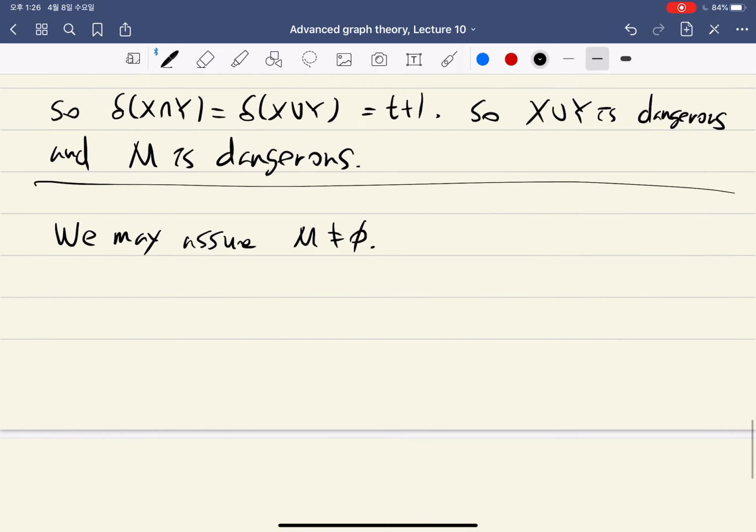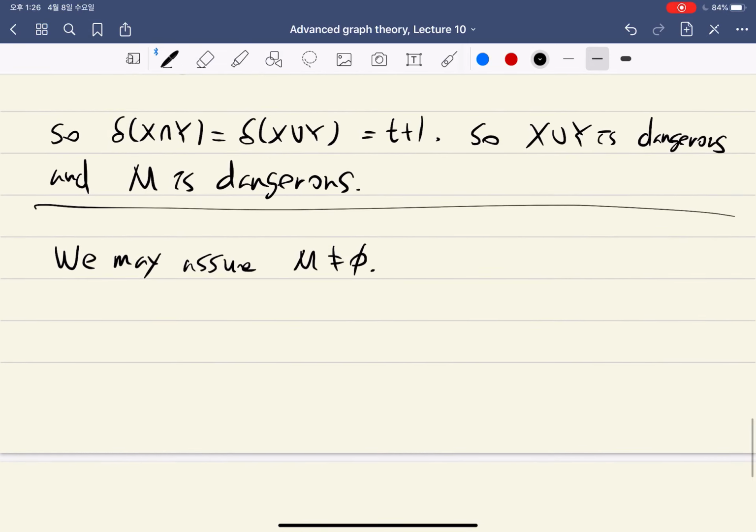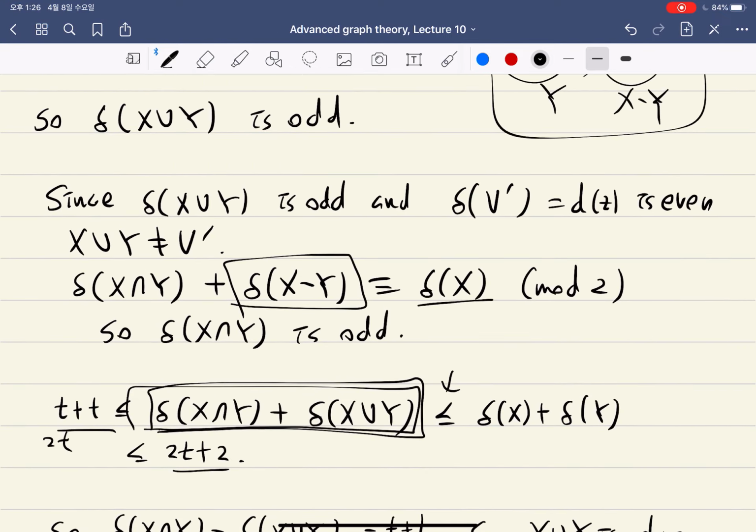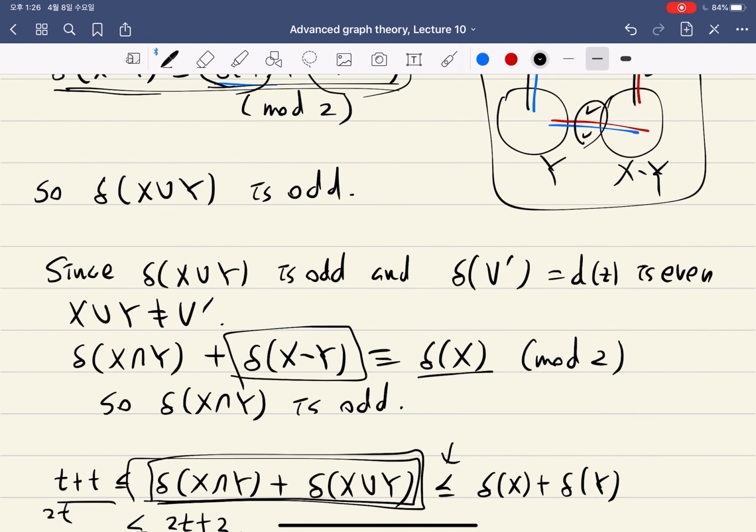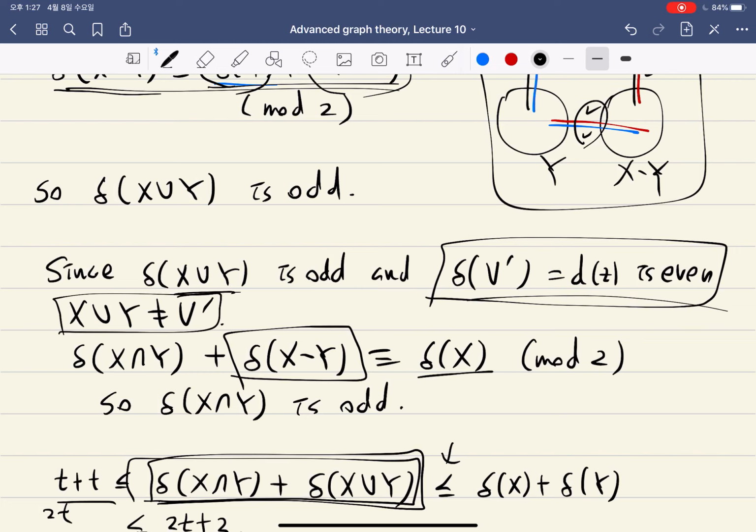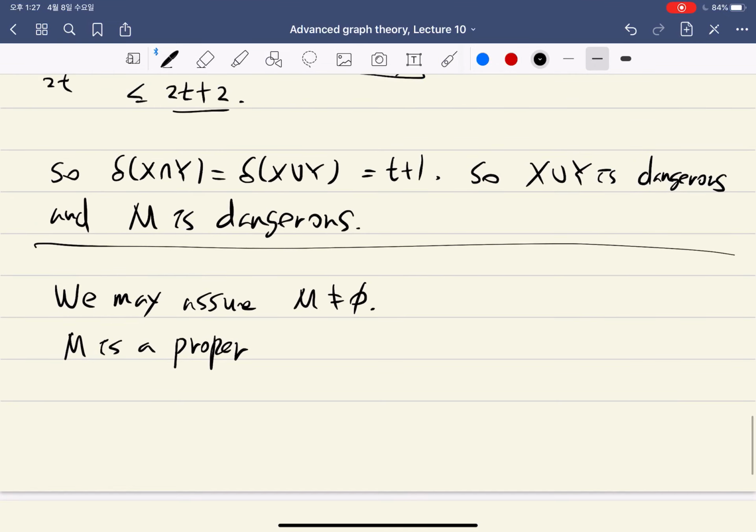Also, what do you know? M is a proper subset. We show that however many times you take the union, you never get the entire V prime. So this is a proper subset of V prime.